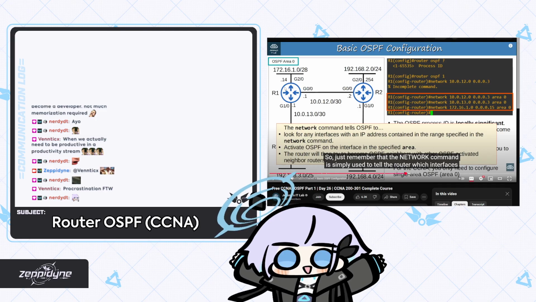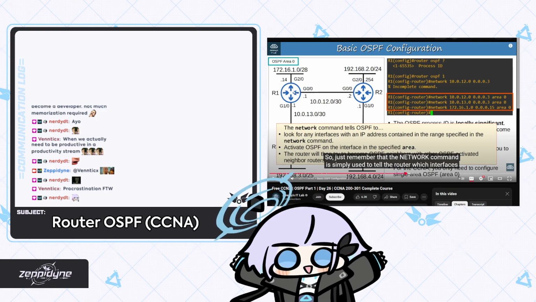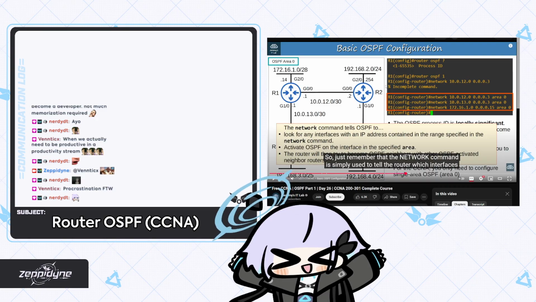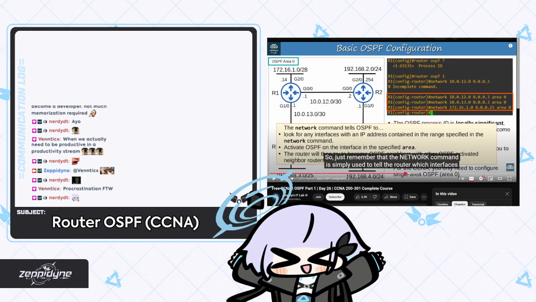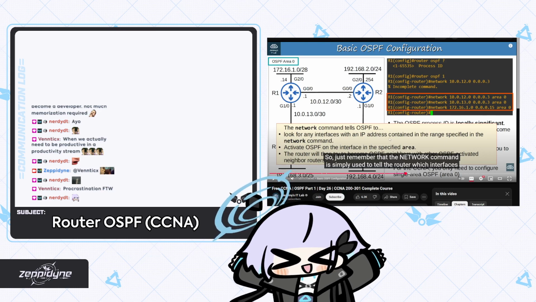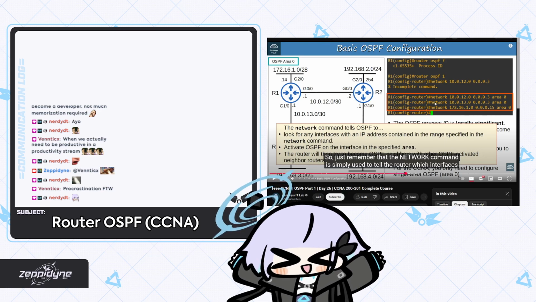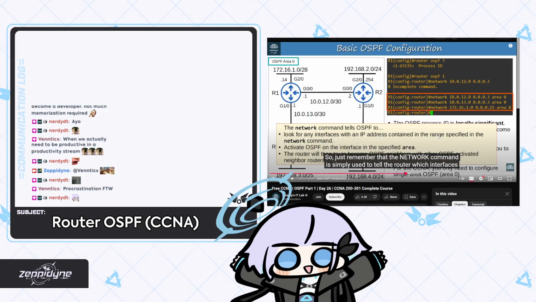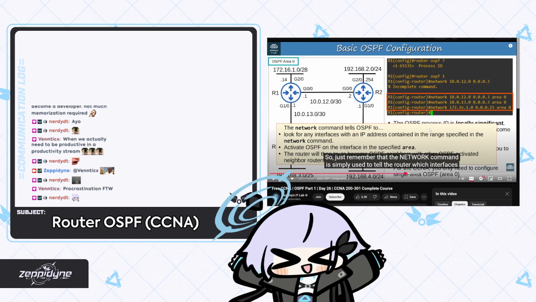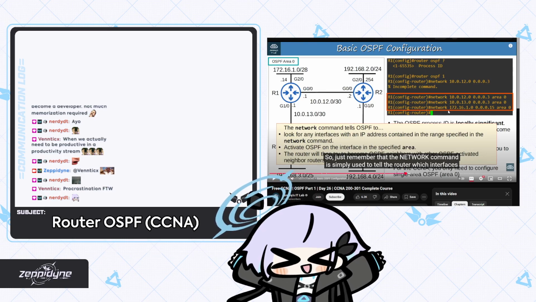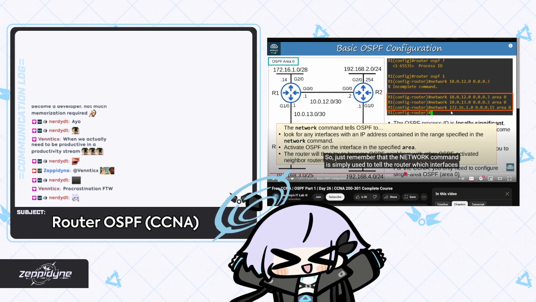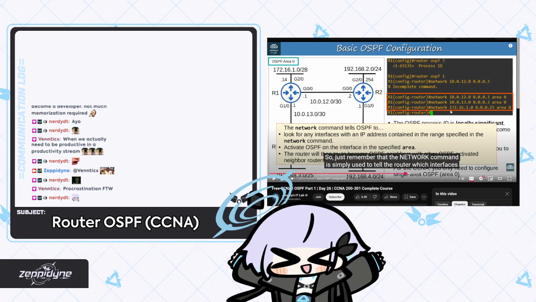It just basically activates OSPF. So they just make this link. You're just telling the router to link to the other routers with this protocol. They're already connected in a sense that they can ping each other.